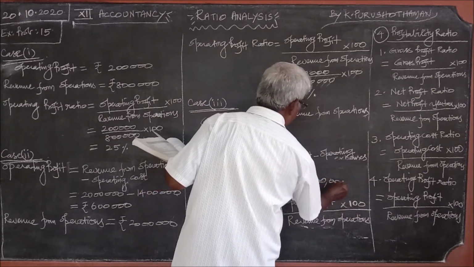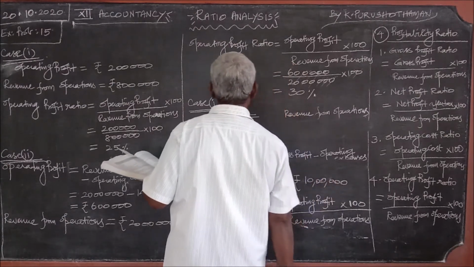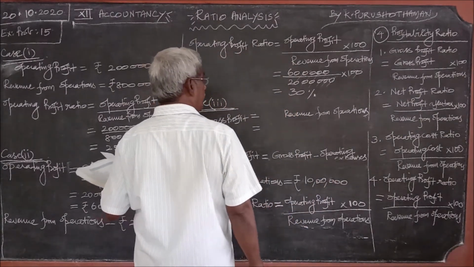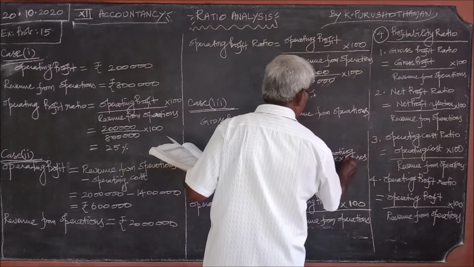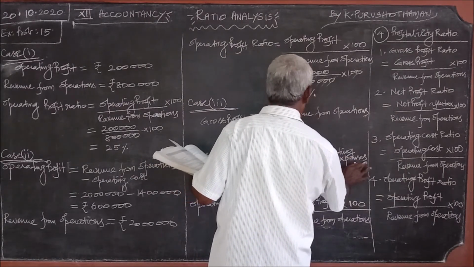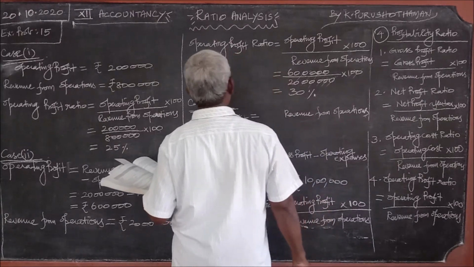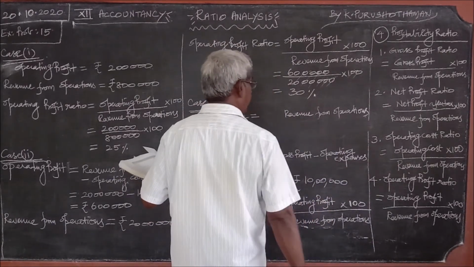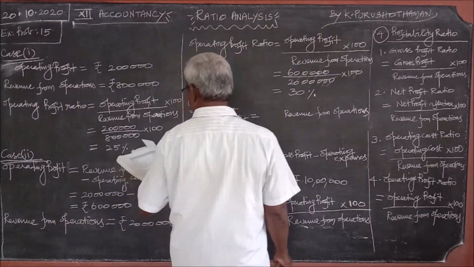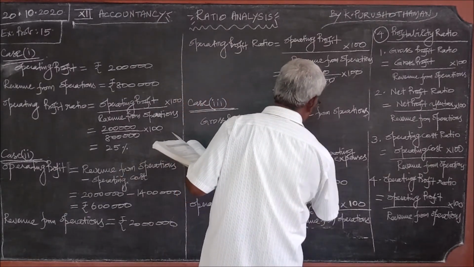Revenue from operations, 10 lakhs. Very good. Now, here the operating expenses are given. Since the operating expenses are given, we should know the gross profit. If you find the gross profit, we can minus the operating expenses given, it is 1 lakh.